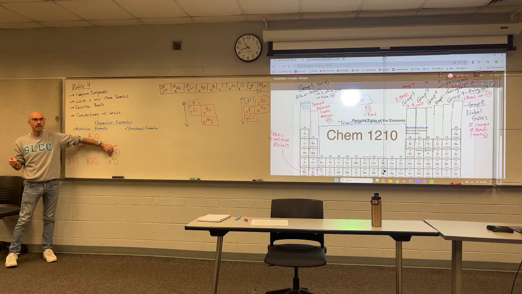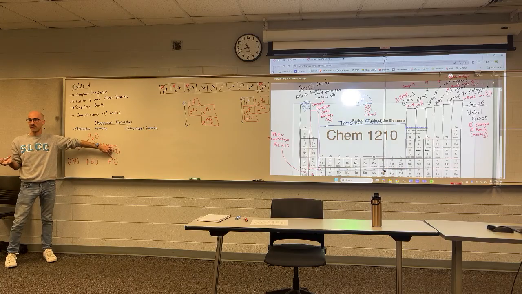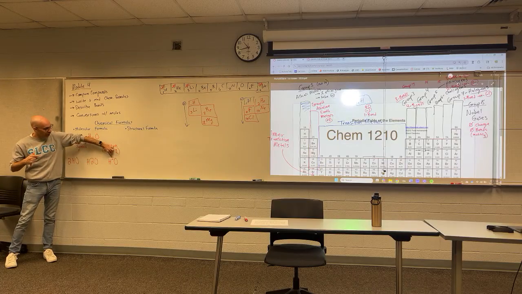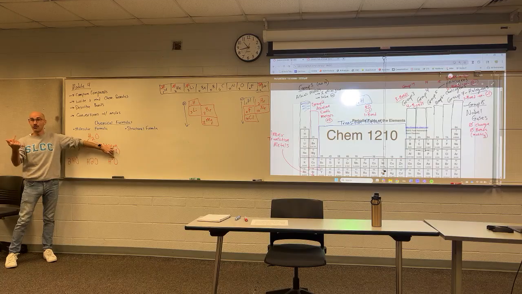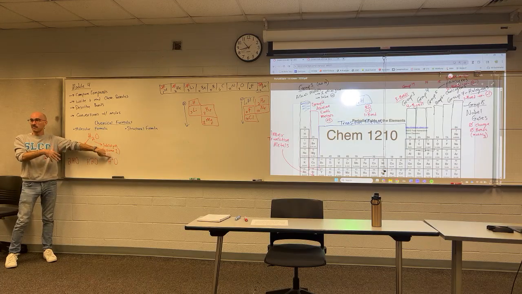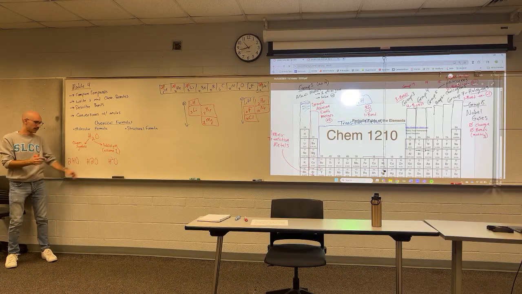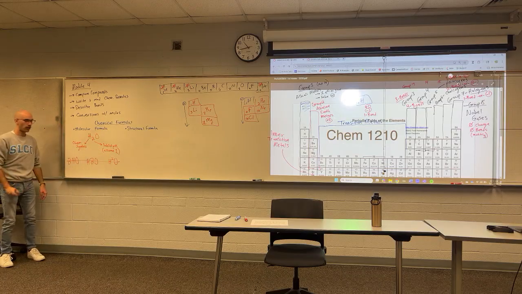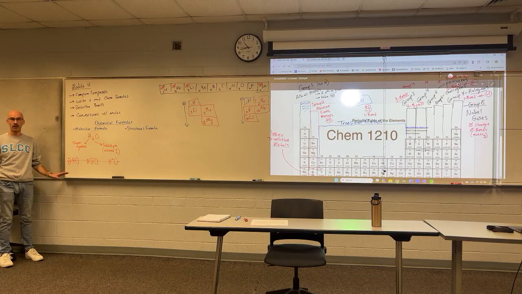And this is wrong because it's a superscript. We say that the superscript is either the charge, if it's on the right-hand side, or the nuclear mass, if it's on the left-hand side. So this is just wrong because it's not being used properly. None of these are an appropriate way to write water. Does that sound good?